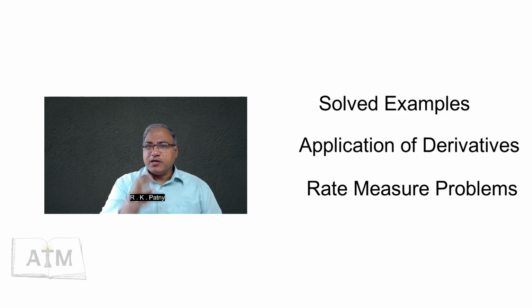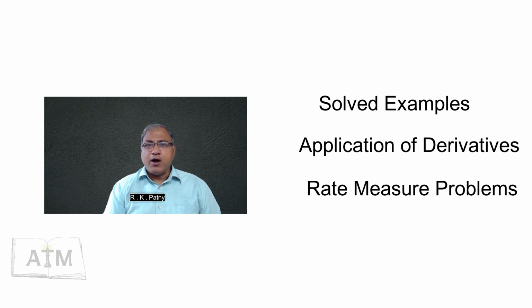The very basic use of derivative is to find rate measure, to find velocity, to find acceleration, to find at what rate the volume is changing, at what rate the area is changing, at what rate the length is changing. So this is the basic use of derivatives.